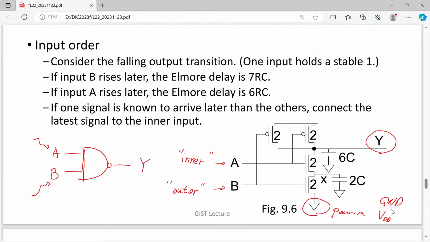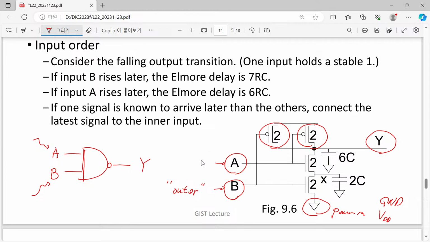In the logical sense, A and B should be balanced and symmetric. However, in its real implementation, in the PMOS path, they have the same path. But unfortunately, in the pull-down network, we have a certain order of A and B. One is close to the output node, and one is close to the power line. So let's try to estimate the Elmore delay.